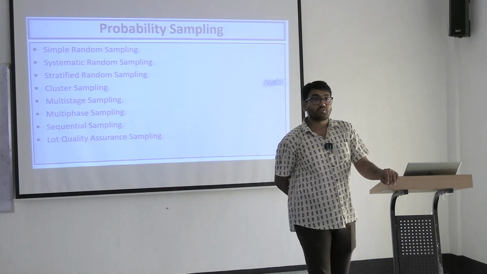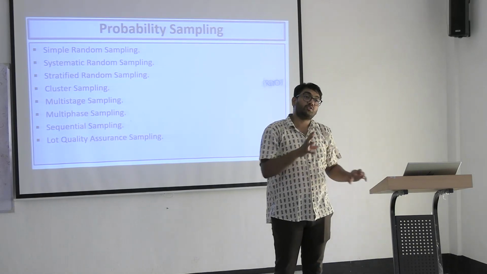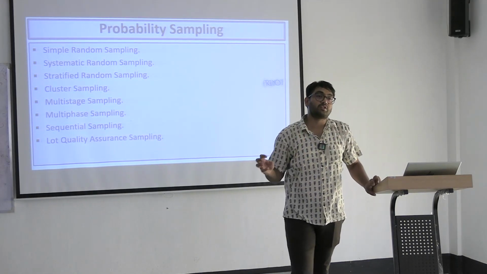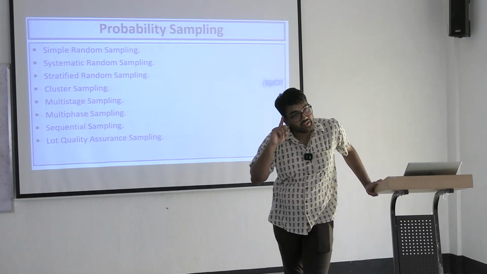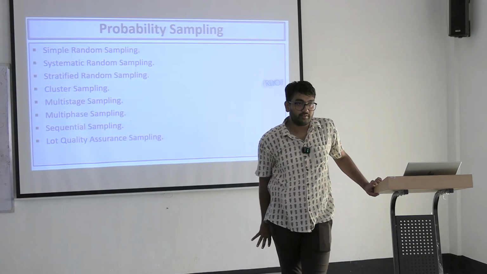So a case control study is a much more refined way to find out the relationship between an exposure and an outcome. We have a specific outcome and a specific one or two exposures in mind.